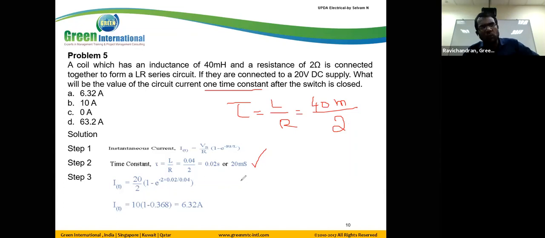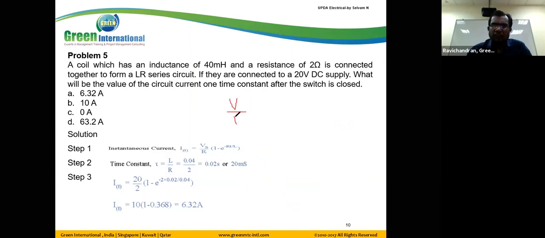Second step, V by R times (1 minus e to the power of minus t by tau), where t is equal to 1 tau.